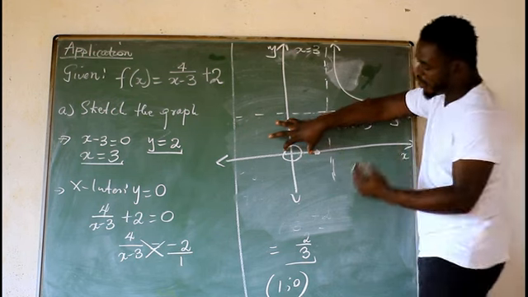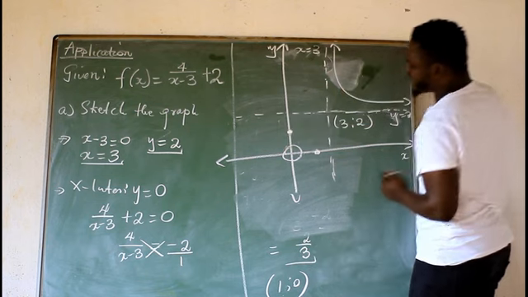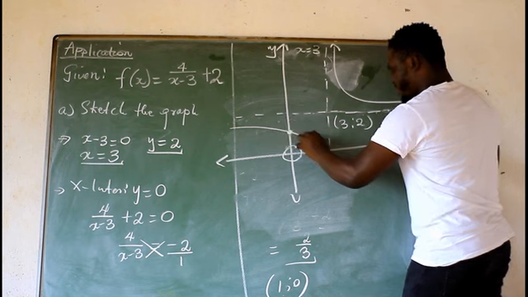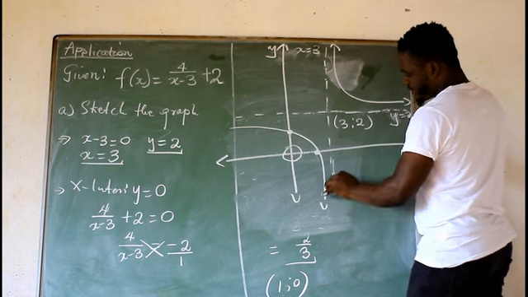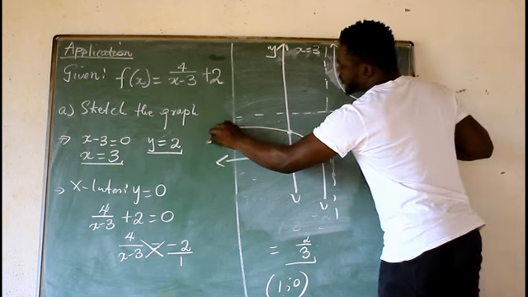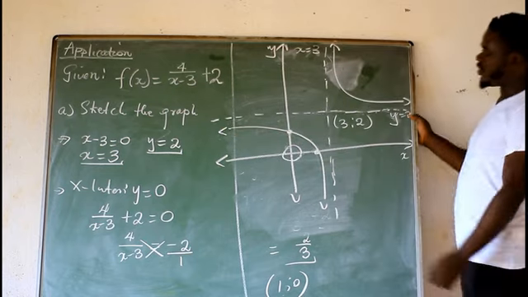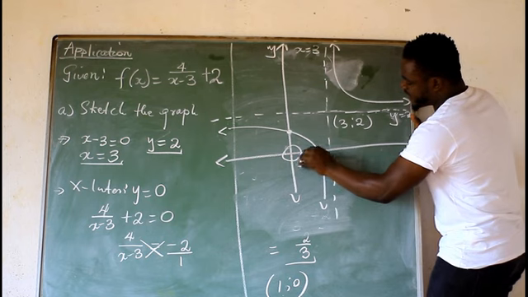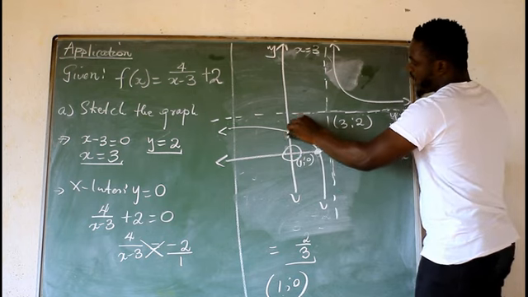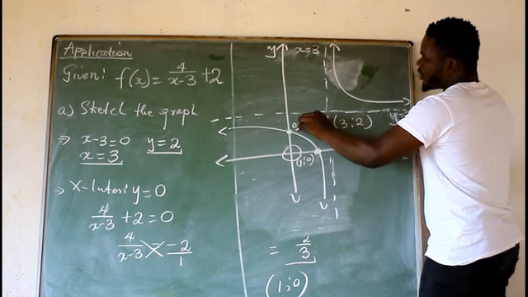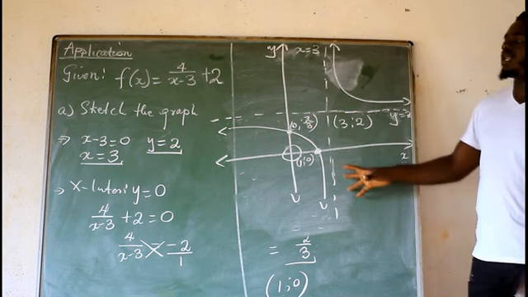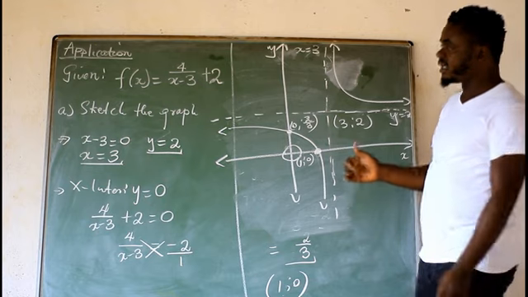And now, just because you have the x-intercept and the y-intercept, that is why this graph is going to lie at this point. That is how we draw it. In order for you, you need to label the x-intercept, which is 1 and 0, and 0 and 2/3. This is how you need to draw this graph. This one is a hyperbola.